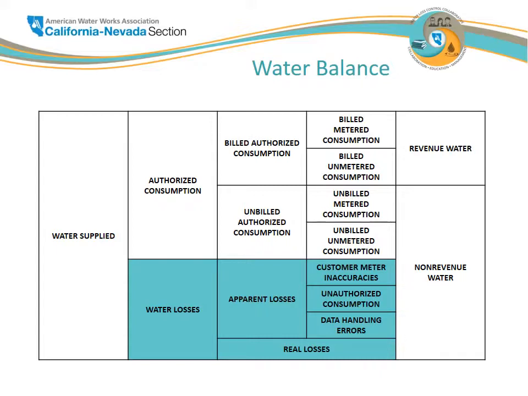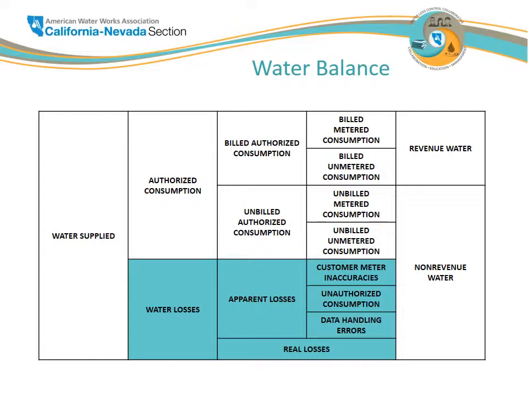Similar stream of thought for authorized consumption. We're being critical of our billing database and making sure that we're only looking at the appropriate records. We're not over counting or double counting. We're not excluding too many records. We're being particular and careful about how to get to that summary volume of authorized consumption.